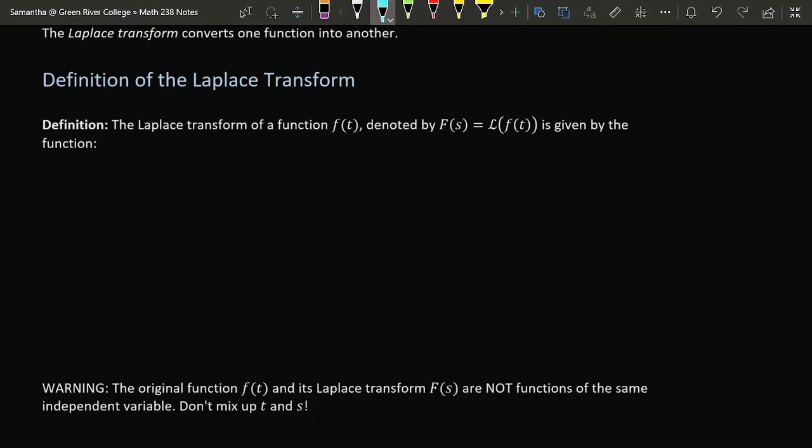The Laplace transform of a function f of t is another function usually called capital F of s. It's a different function with a different input variable. Now, this function F of s is usually only defined for positive s values.